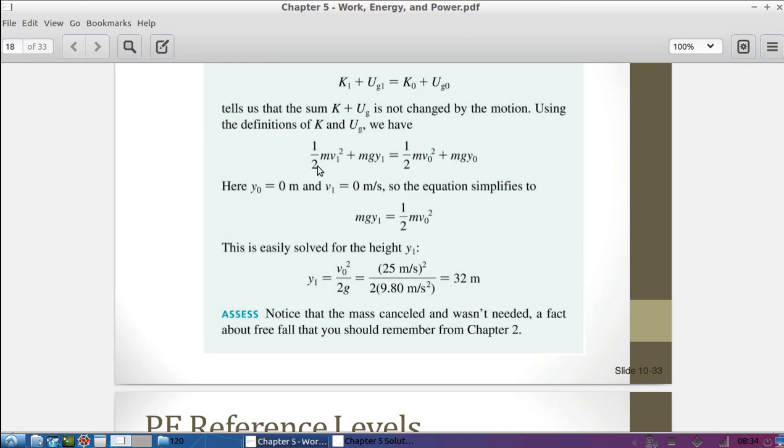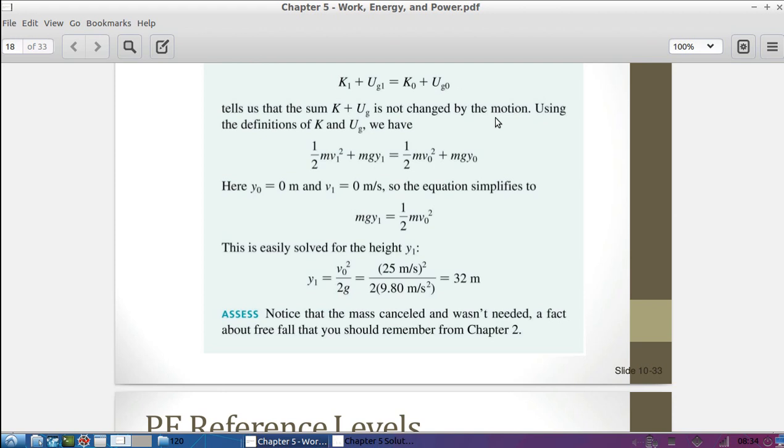So our kinetic energy and potential energy terms are substituted first. These are my final energies, these are my initial energies. What can go to 0? I know the initial potential is 0. Or sorry, over here, it's got final on this side, initial on this side. I switch that a lot. I like initial on this side, final on this side.